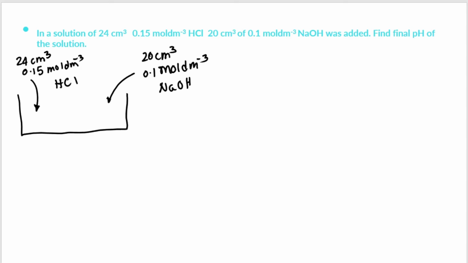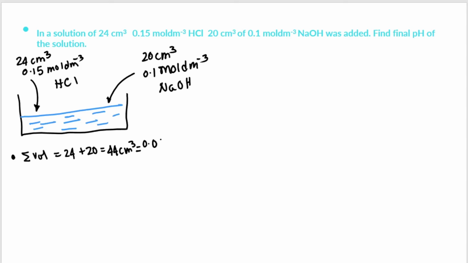Now once they're added, the mixture solution will reach a certain volume level. So this total volume will be 24 plus 20, which is 44 cm cube. We can write that as 0.044 dm cube.